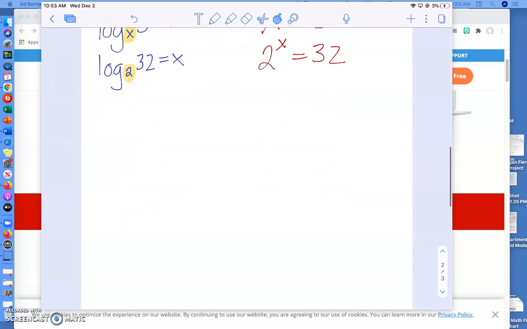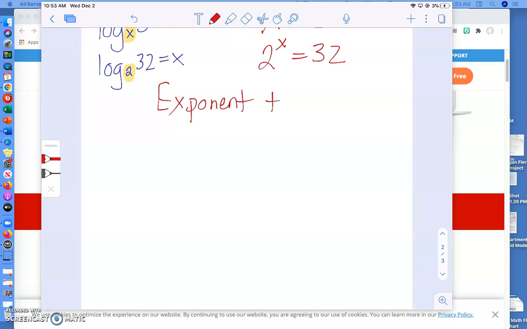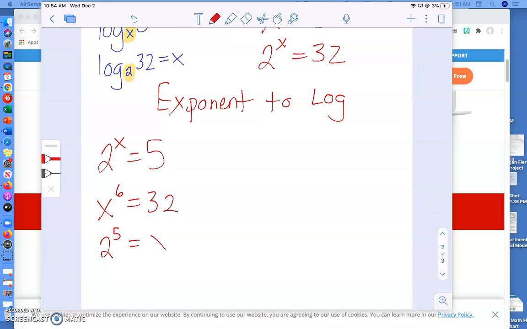And now let's see if we can go the other way, from an exponent to a log. Let's say we have 2 to the x equals 5, x to the 6th equals 32, and 2 to the 5th equals x.